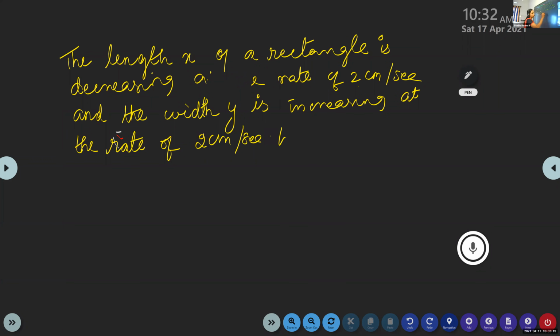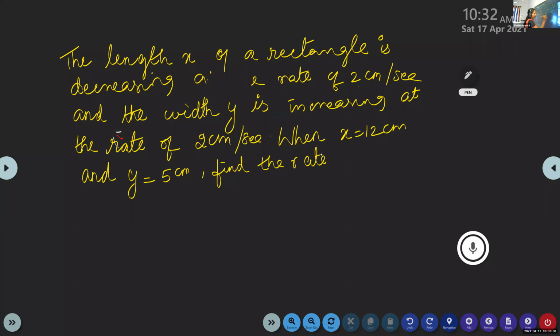When x is 12 centimeter and y is 5 centimeter, find the rate of change of, first one, perimeter, second one, area of the rectangle.